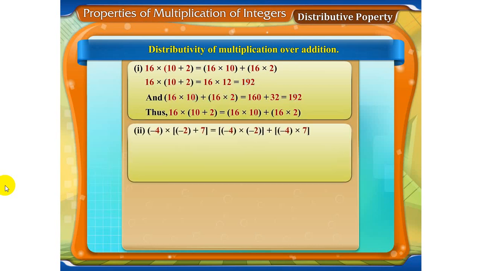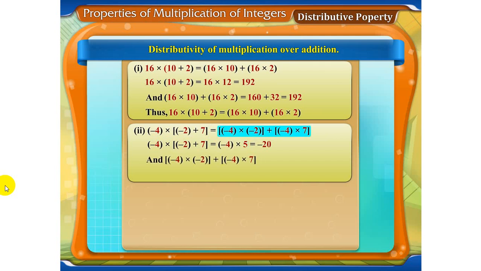2. Negative 4 multiplied by negative 2 plus 7 is equal to negative 4 multiplied by negative 2 plus negative 4 multiplied by 7. That is, negative 4 multiplied by negative 2 plus 7 is equal to negative 4 multiplied by 5, which is equal to negative 20.